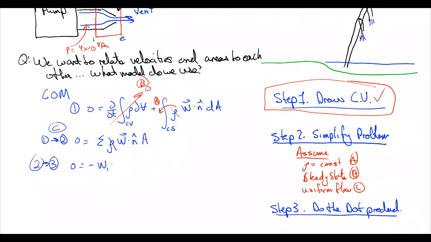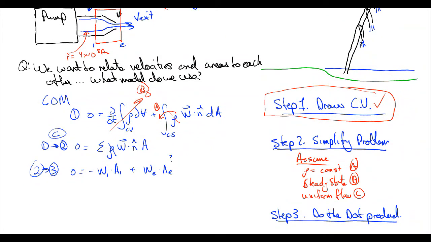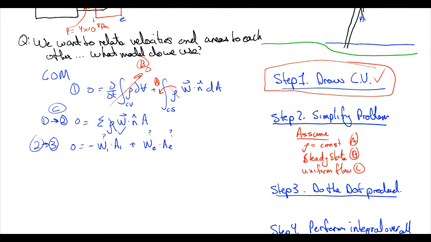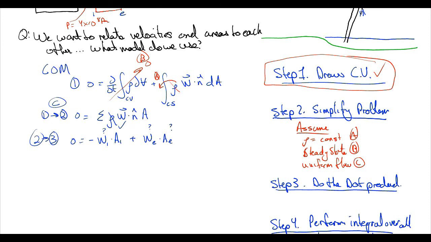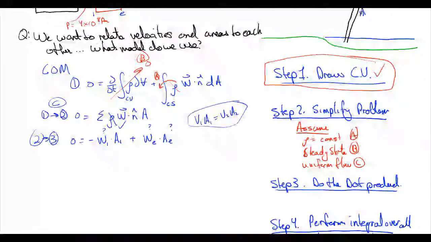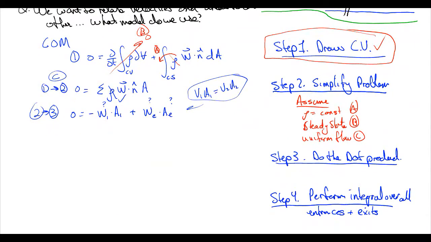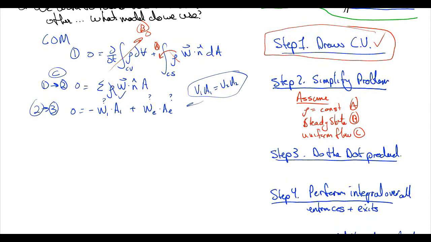We don't know this, and honestly, we don't know this or this, but we do know that area 1 is much, much larger than area exit. So, by the way, this should look very familiar. If we rearrange it, this is V1 A1 is equal to V2 A2. So we've been using this form of conservation of mass for quite a while now. And if you remember, this expression basically says that Q1 is equal to Q2, right?